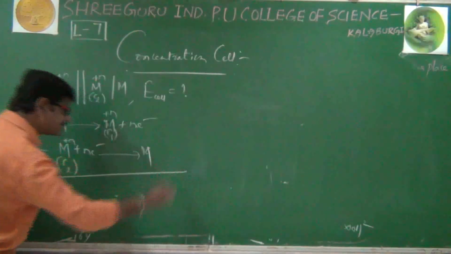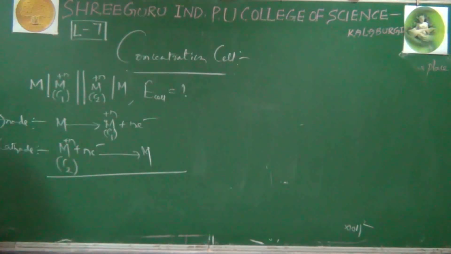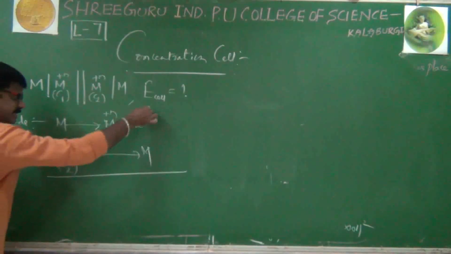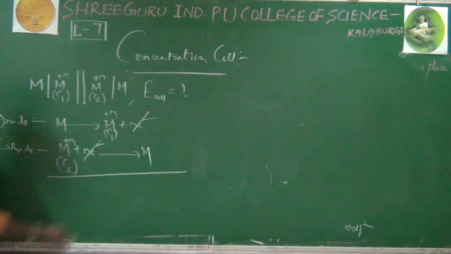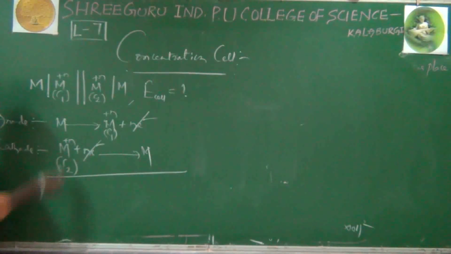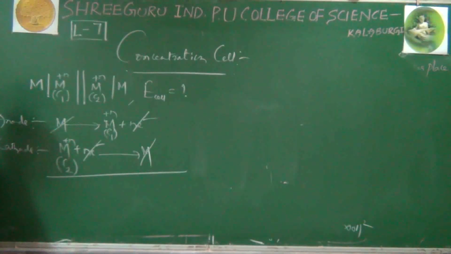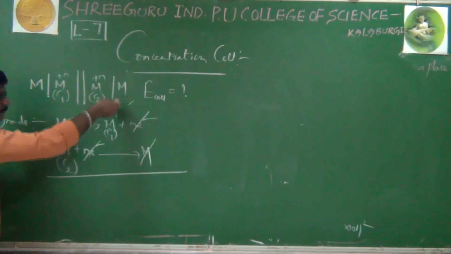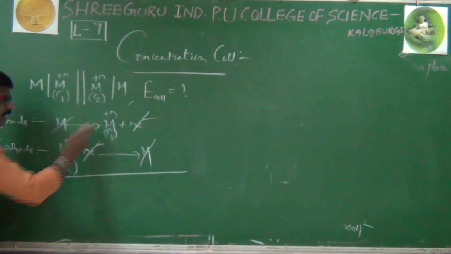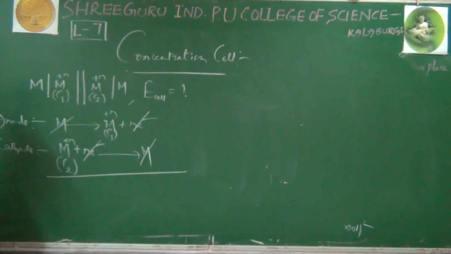Now we have to write the overall cell reaction. While writing the overall cell reaction, our job is to cancel the electrons. Here, of course, n electrons are the same, no need to multiply with any number. Next, this metal is also similar, so we can cancel. But don't cancel M^n+ and M^n+, because these two are not the same. Its concentration is C1, its concentration is C2.